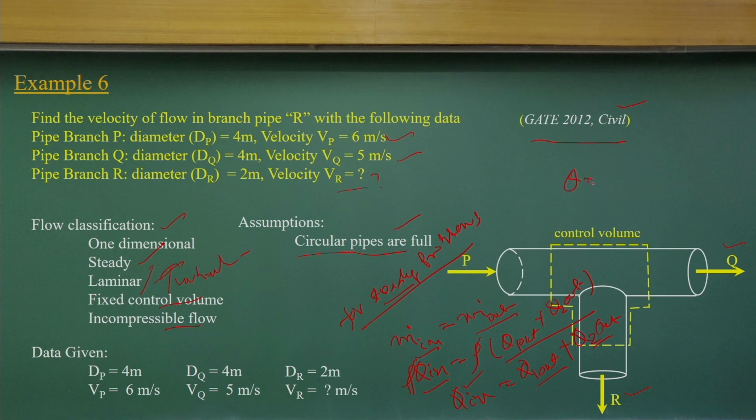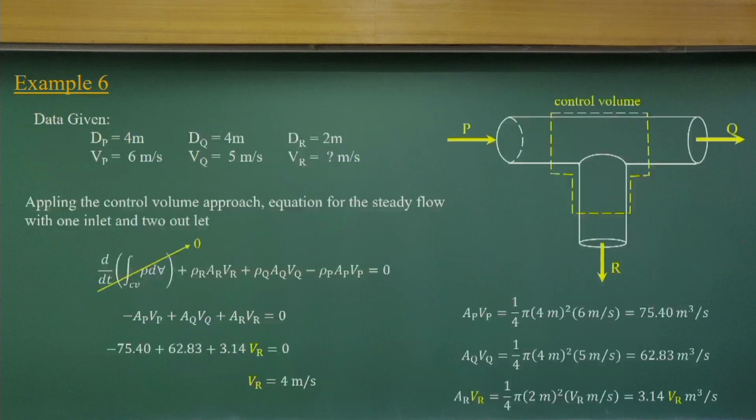Q will be A into V, the area into the velocity, and the average velocity is given to us. So, we can compute the discharge and apply Q in equals Q1 out plus Q2 out. Numerically, that is what comes.